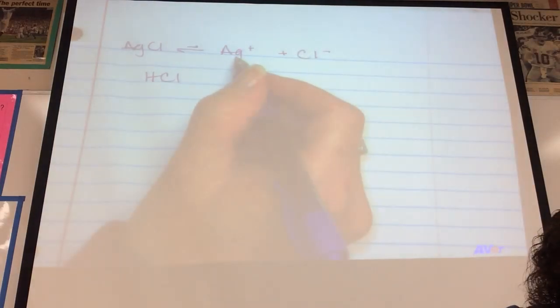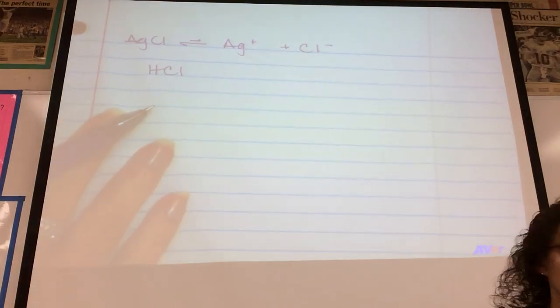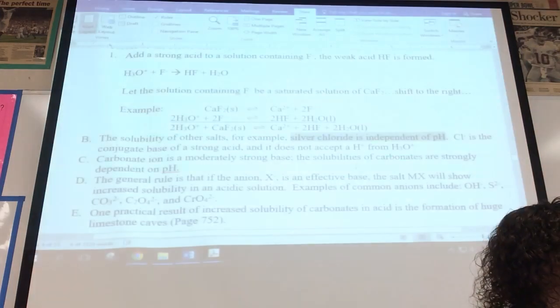You'd have chloride here, the HCl wouldn't go anywhere, so there's no effect on molar solubility there.